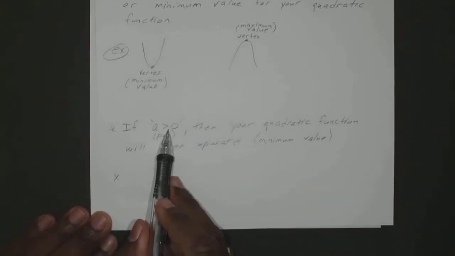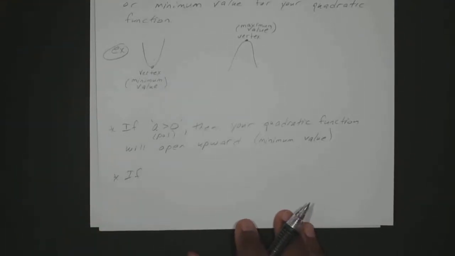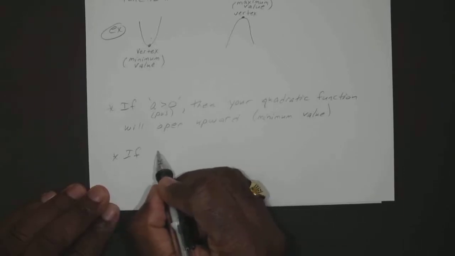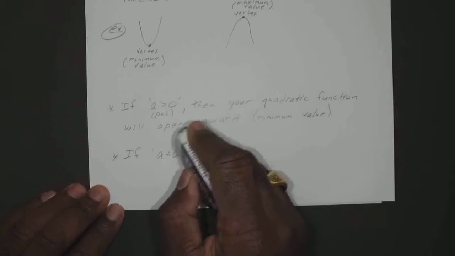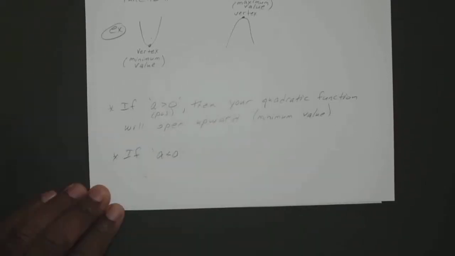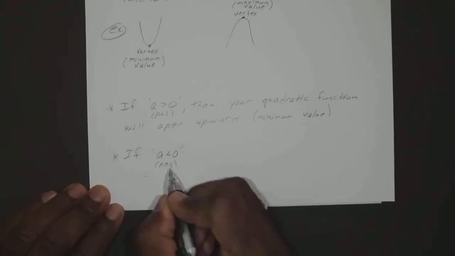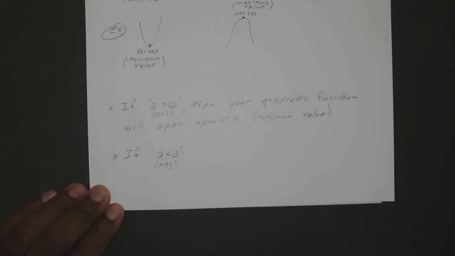But if your a is less than 0, or in other words, it's negative, then it's going to open downward. And that's when your vertex is going to be a maximum value.